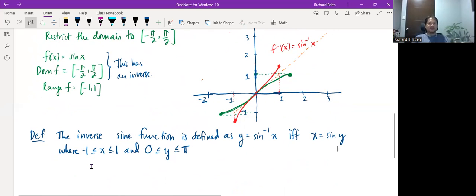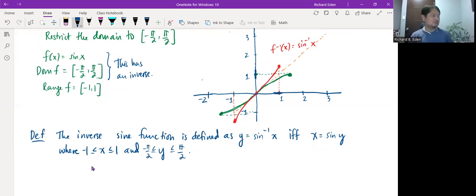So yes, x is still from -1 to 1, but the domain of the sine function, the restriction from -pi over 2 to pi over 2, will then be used for the bounds of the range. So y is going to run from -pi over 2 until pi over 2. In fact, if you look at the red graph, the lowest red point has y coordinate -pi over 2. The highest red point has y coordinate pi over 2.